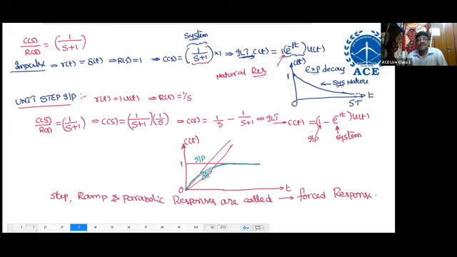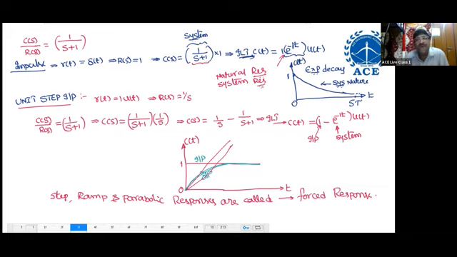So if anybody asks you to find the system response, what do you have to find? You have to find the impulse response. System response means the natural response. If asked to find system stability, you have to find the impulse response and substitute t tends to infinity.